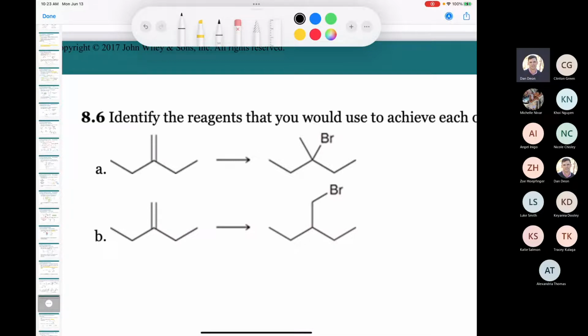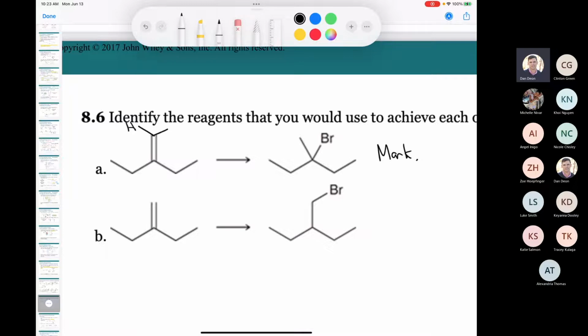Is this Markovnikov or anti-Markovnikov addition of HBr across the double bond? Exactly. This is Markovnikov, isn't it? This is Markovnikov because the rich are getting richer.